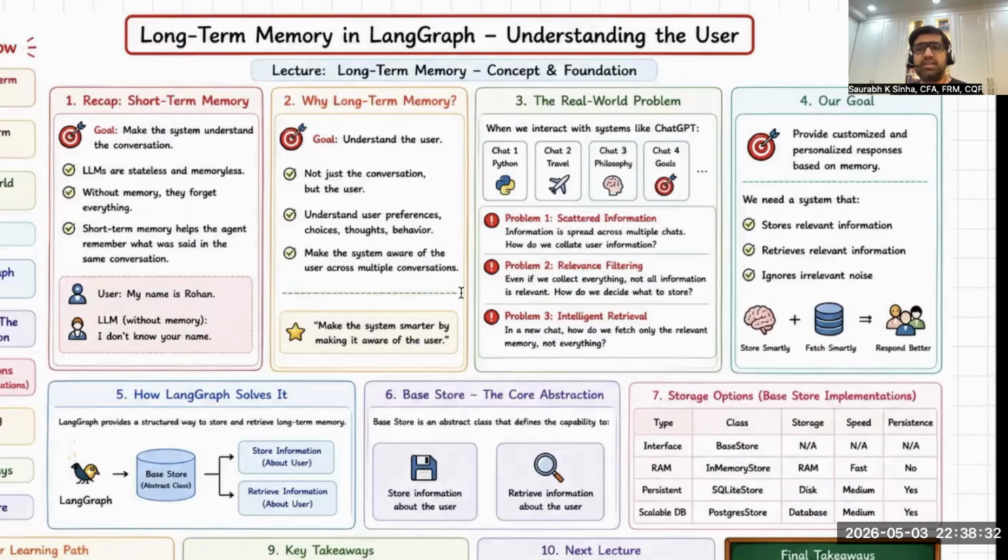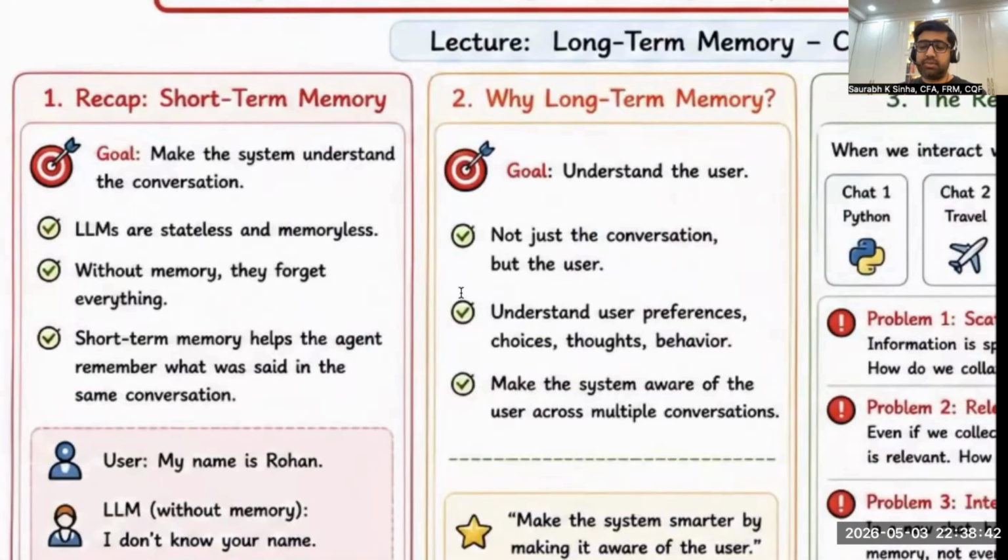Okay, I'll just quickly recap why memory. When we studied short-term memory, the goal was very clear. The goal was to make the system understand the conversation. Conversational memory. We discussed that LLMs are stateless, LLMs are memoryless. If the context is not passed, they forget everything.